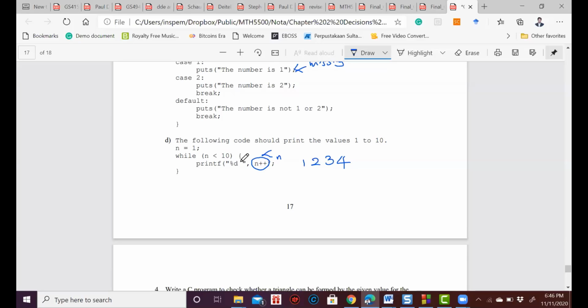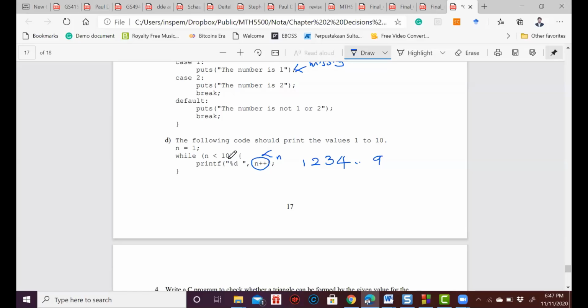And then repeat up to 9. 9 less than 10, yes, print 9. And then 9 plus plus is 9, and then n is 10. 10 less than 10?